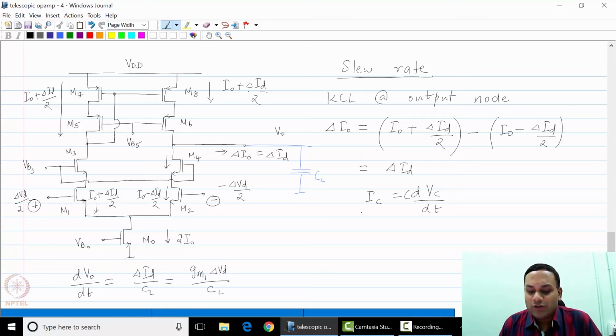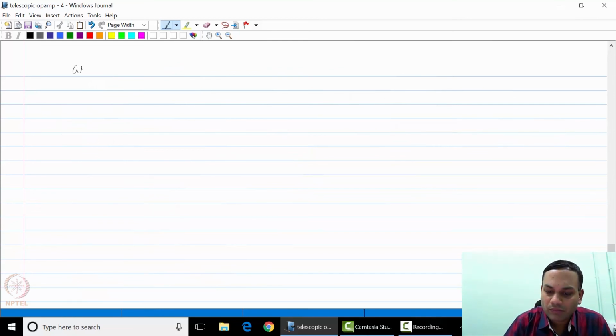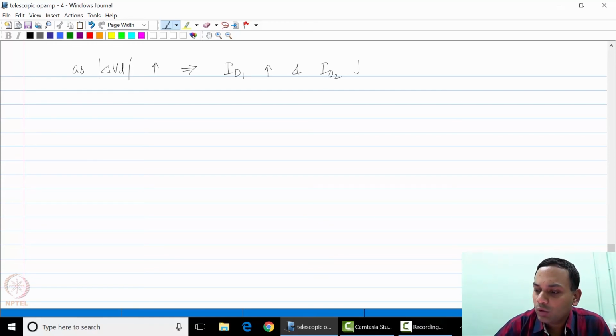Now if you start increasing the value of delta VD, you will find that since M1 carries I naught plus delta ID by 2, the current through M1 increases and the current through M2 decreases. So as the magnitude of delta VD increases, ID1 increases and ID2 decreases.